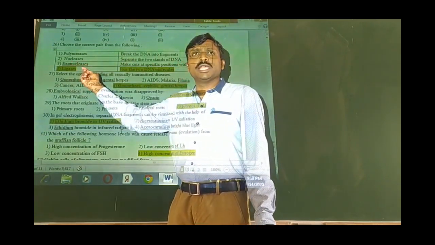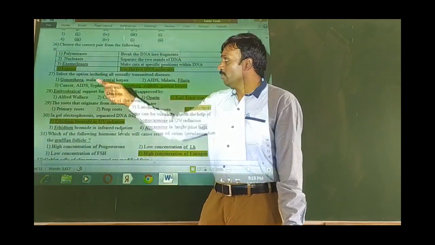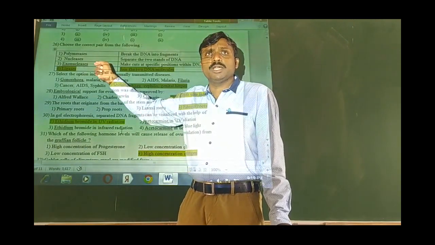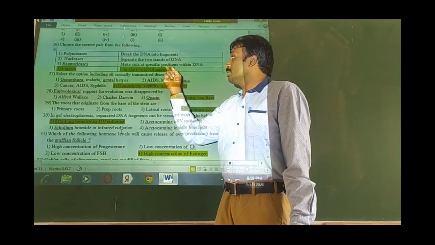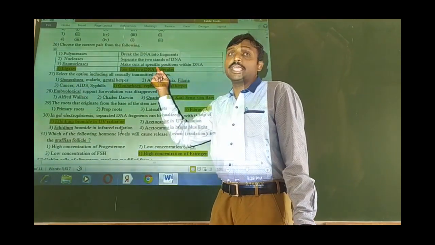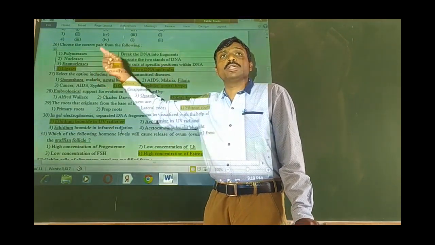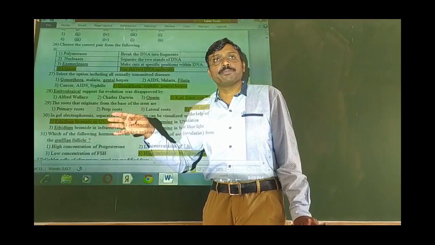Then exonucleases. This is one more type of nuclease which removes the additional nucleotides from the strands of DNA. But they say make cuts at specific positions within the DNA. Actually this function belongs to endonucleases, not exonucleases. Exonucleases remove the additional nucleotides from the DNA. Okay.